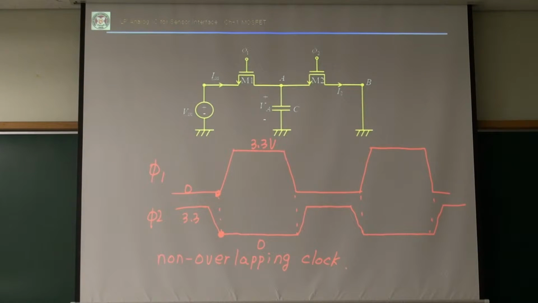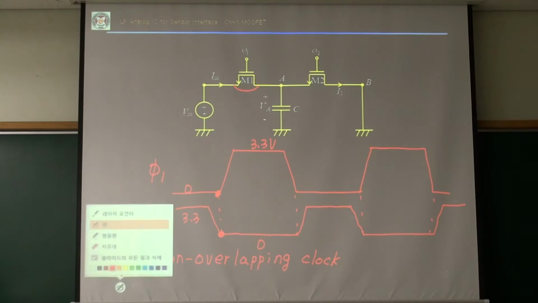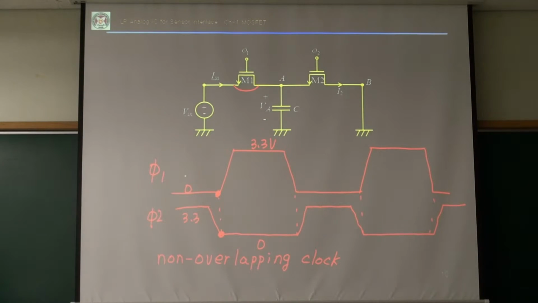Question? Your question is how can I make non-overlapping clocks? See, this is 0, so this transistor may turn on somewhere. For example, this is my Vin, and Vin changes very slowly. Say my Vin is 1 volt.